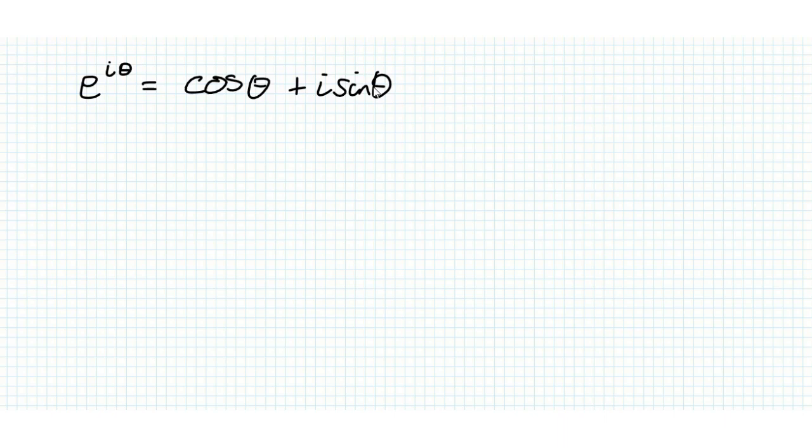So if we have z equal to r e to the i theta, this is our argument as before, and r's still our modulus.